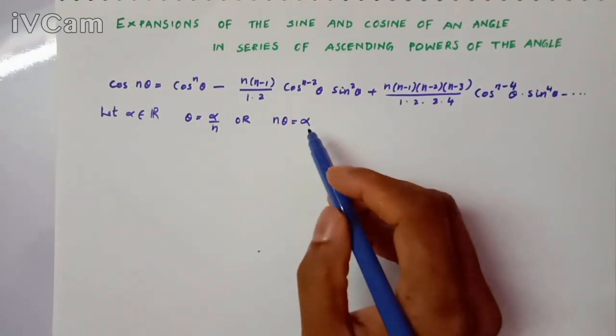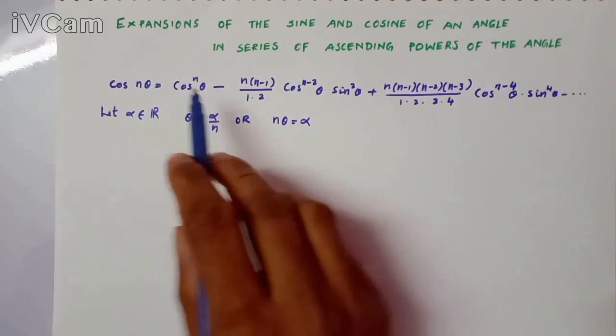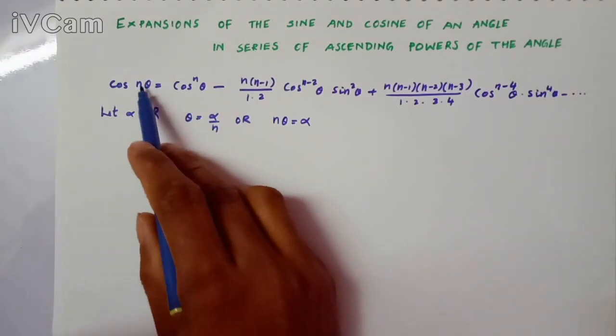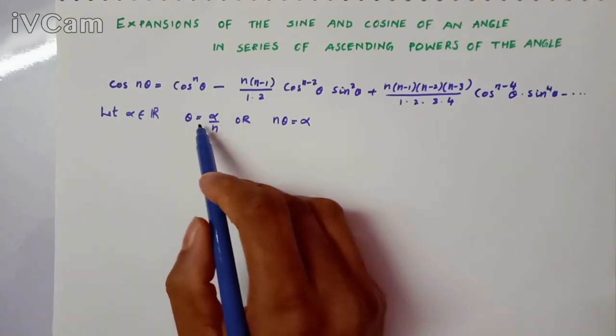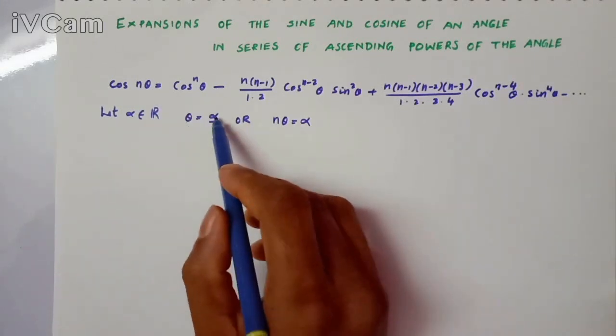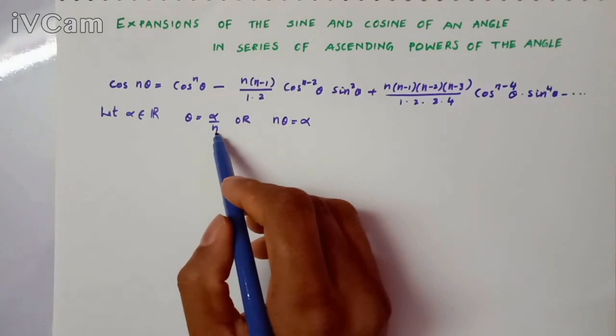We can replace any real number here for theta, so we replace theta by alpha by n for any n.